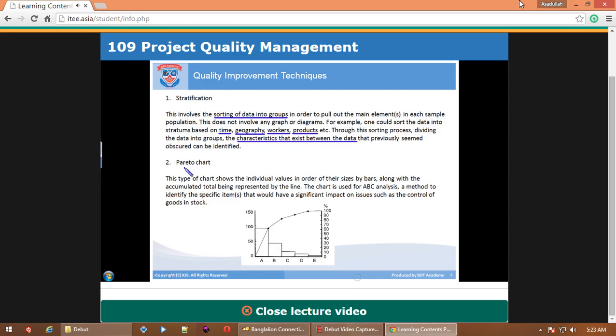Another technique is the Pareto chart. This chart shows the individual values in order of their sizes by bars. These are the bars for individual values. And also there is a line that represents the accumulated total.